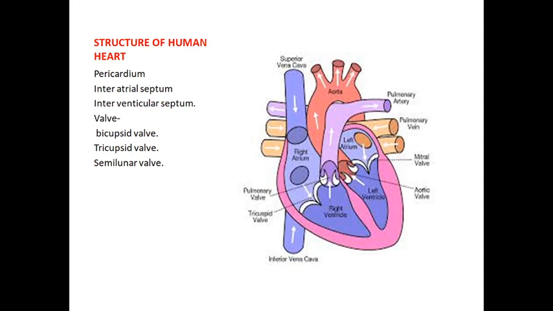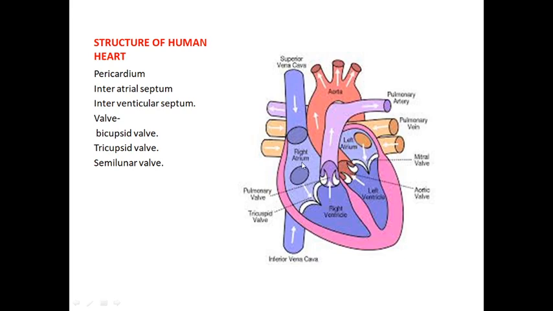The heart has two upper chambers, called the right atrium and left atrium, which are thin in nature, and two lower chambers called the ventricles. One is the right ventricle, another is the left ventricle. The right atrium and left atrium are separated by the interatrial septum.